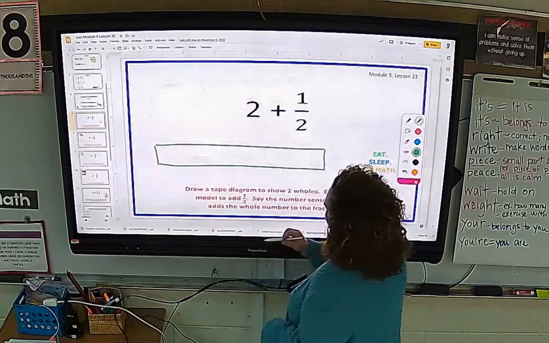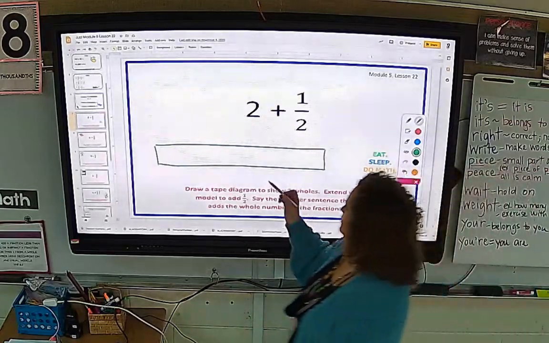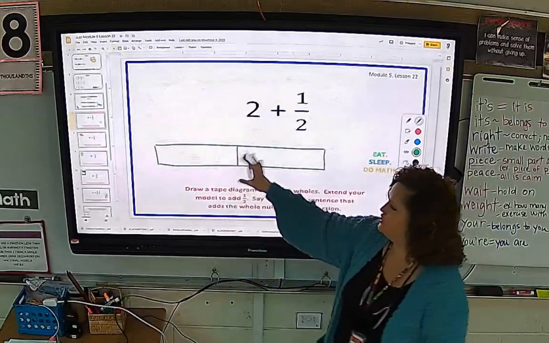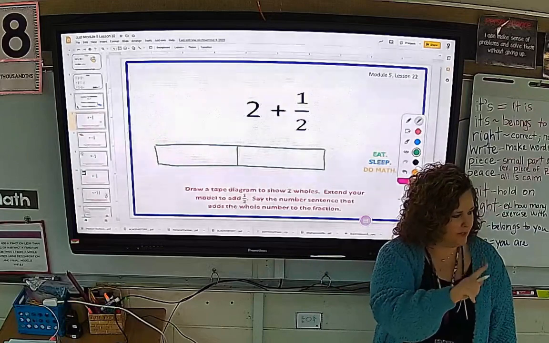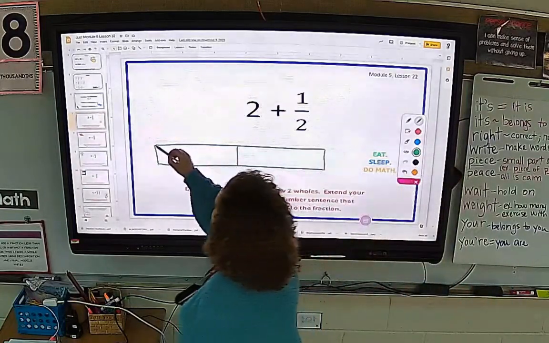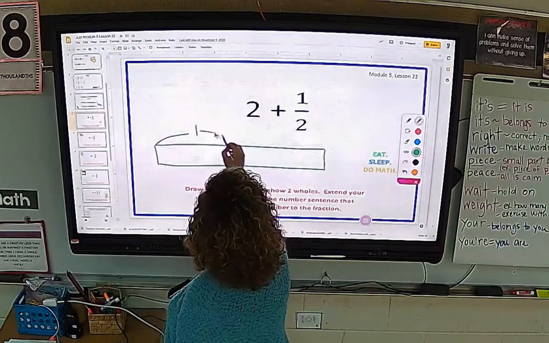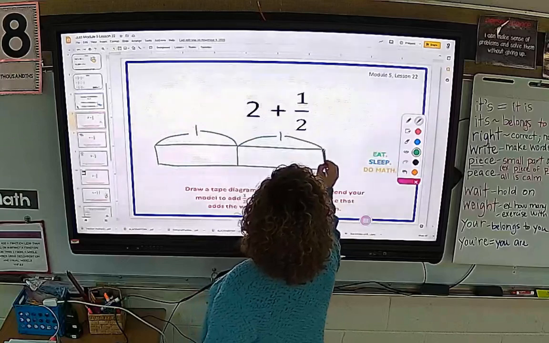All right, so I'm going to need to show first 2 wholes. Well, I'm going to do that by this right here. Now, at first, that might look like, oh, Miss Wendy, you're showing 1/2 and 1/2. I'm not, and this is how I'm going to make it different. I'm going to label this as 1. I'm going to label this as 1 whole.